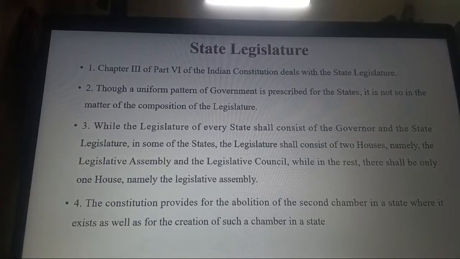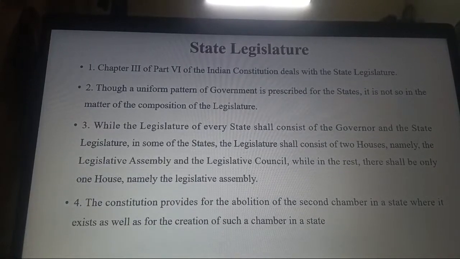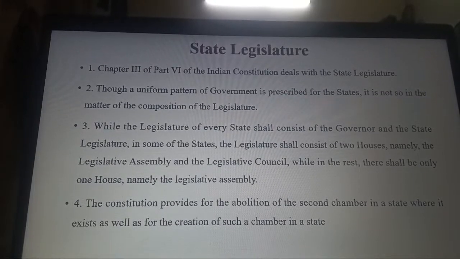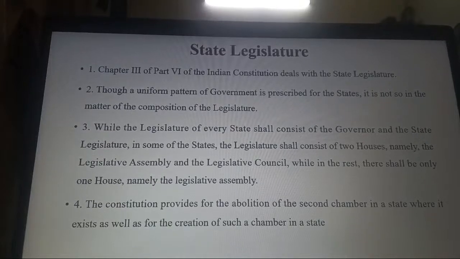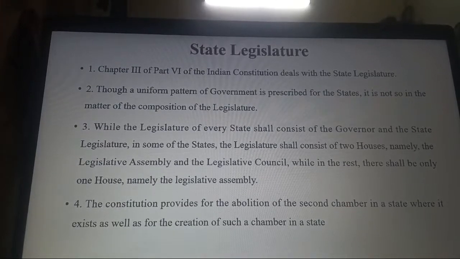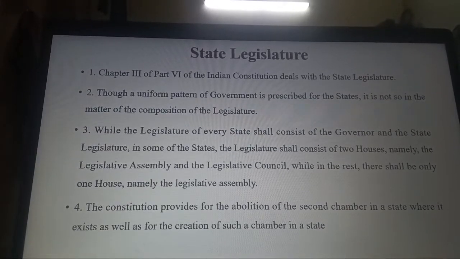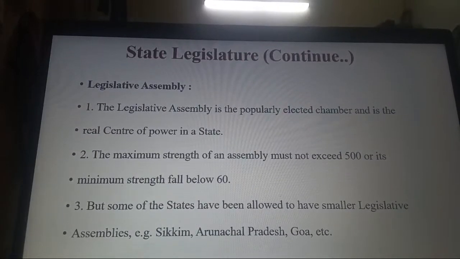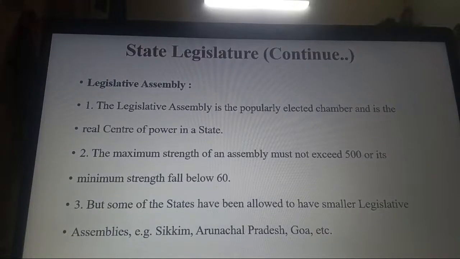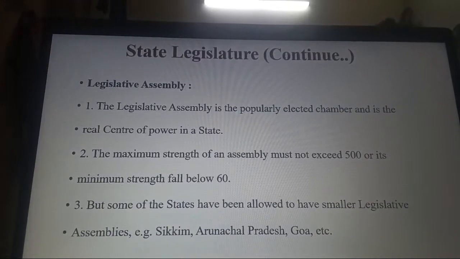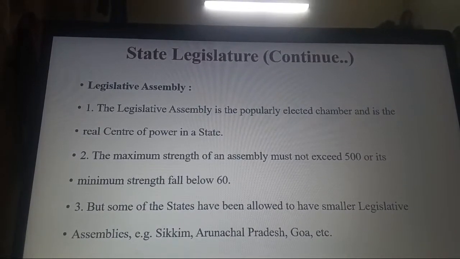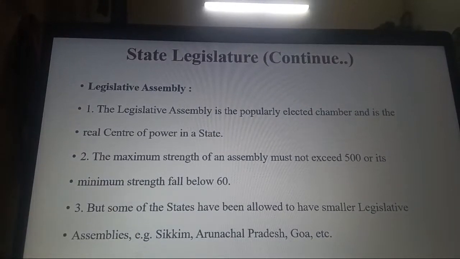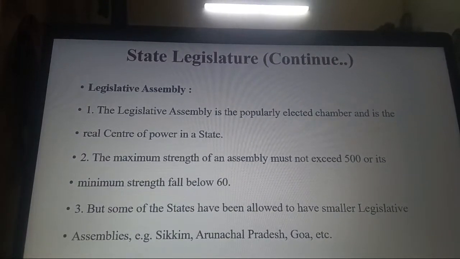The Constitution provides for the abolition of the second chamber in a state where it exists, as well as for the creation of such a chamber in a state legislative assembly. The Legislative Assembly is the popularly elected chamber and is the real center of power in a state.